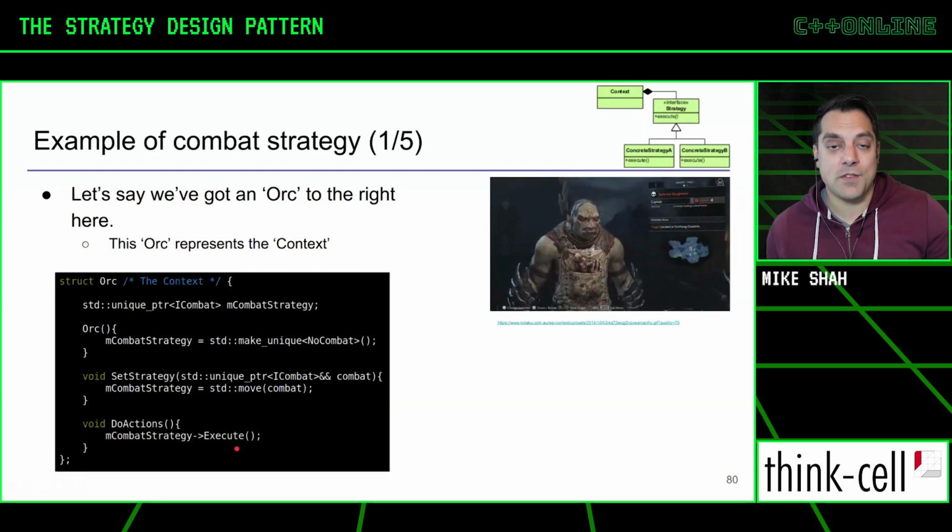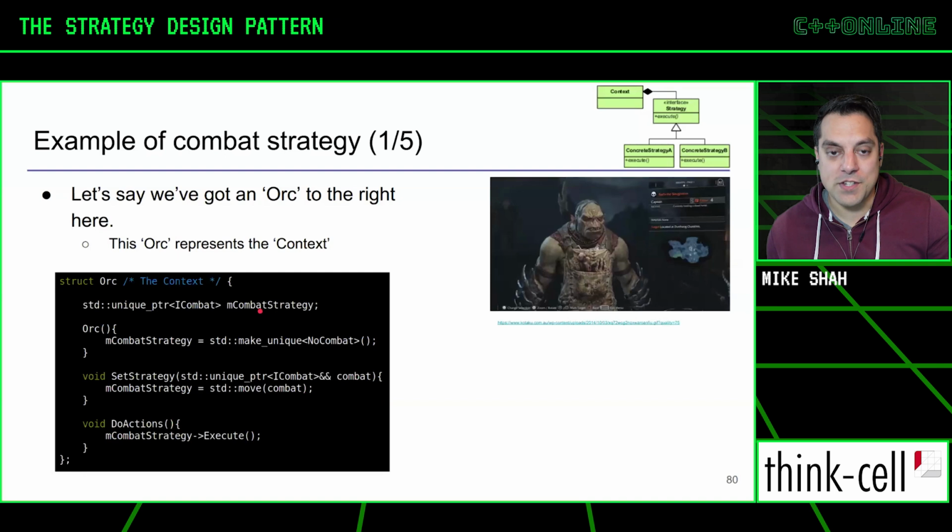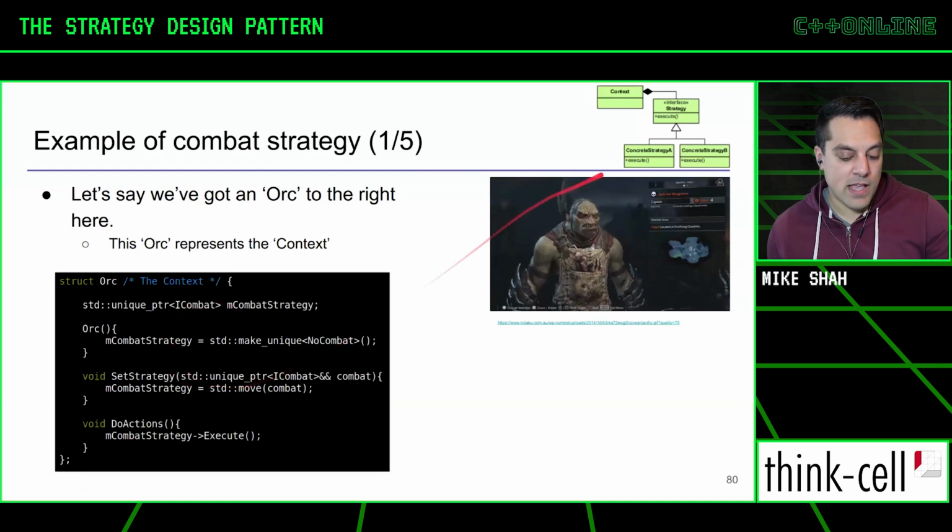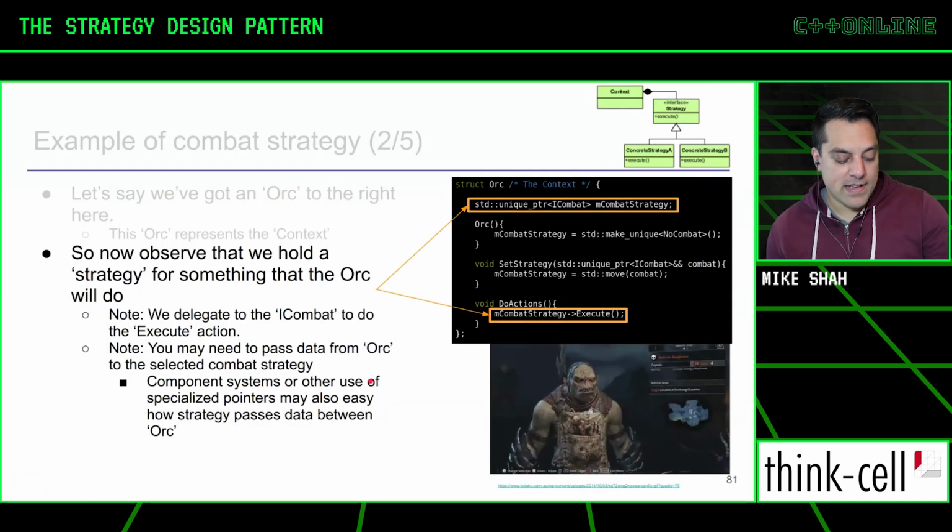It's just going to execute it. That's all it really needs to know how to do. It knows it has it. So again, we're doing some sort of composition here, inserting the different strategies into our context, the orc.